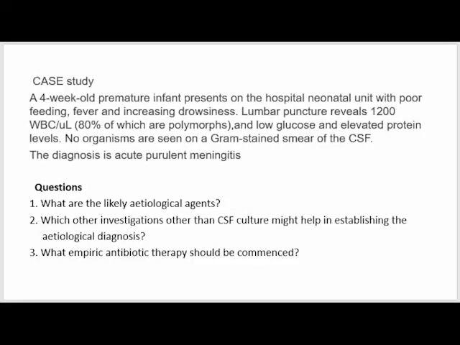Number 1, what are the likely etiological agents? 2, which other investigation other than CSF culture might help in establishing the etiological diagnosis? 3, what empirical antibiotic therapy should be commenced? Okay, in your own free time, look at that and answer.